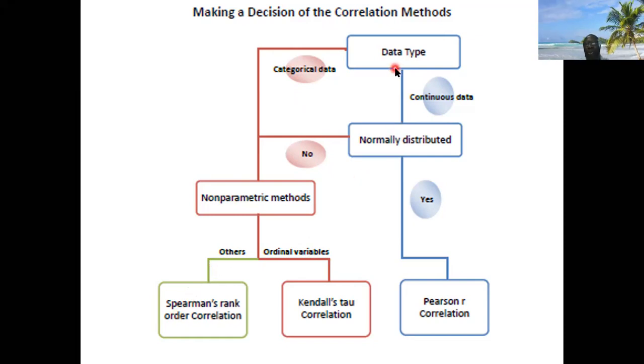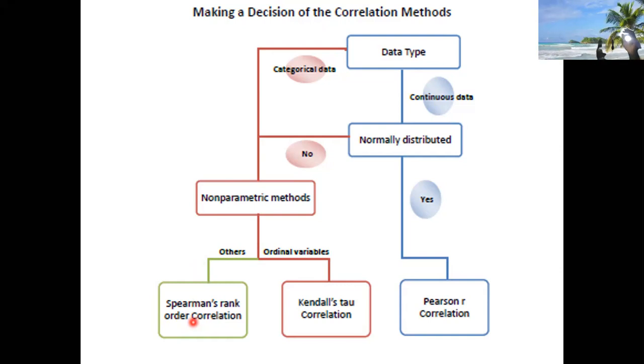But in another way, a discrete variable, not actually categorical, like number of children, you can decide to use Spearman. Don't use Pearson. So you discover that whenever you are correlating, when the two variables are continuous, or one is continuous and one is dichotomous, and the continuous variable follows normal distribution, just use Pearson. It is when that particular variable is not normally distributed that you now use Spearman.